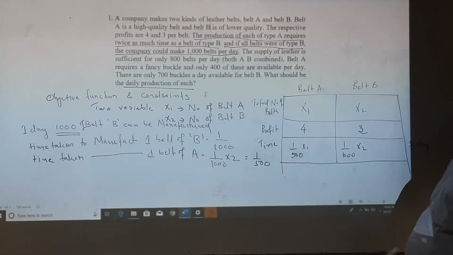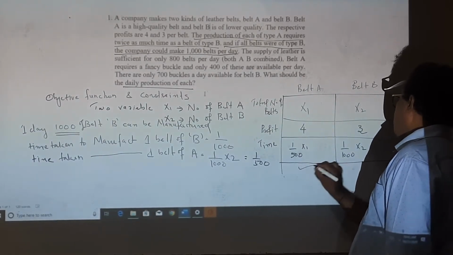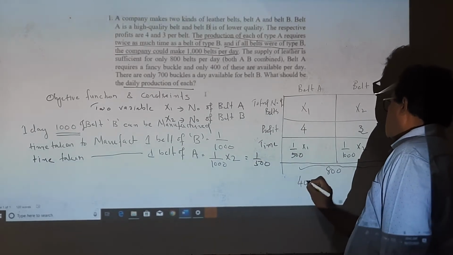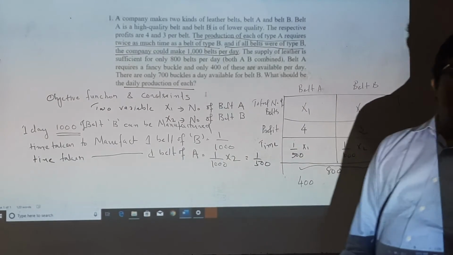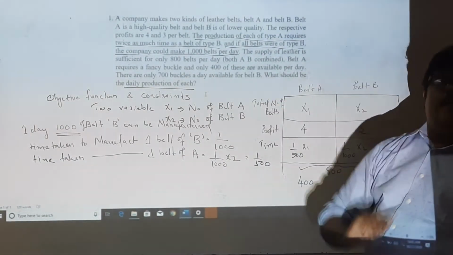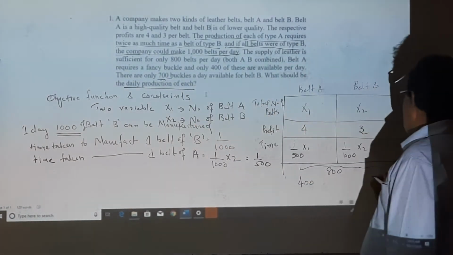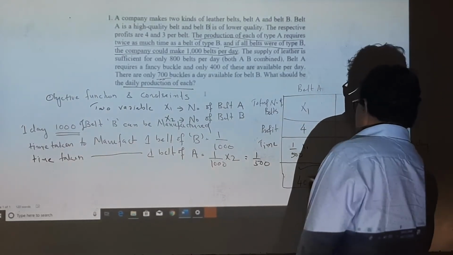Now other constraints are there. How many can be made? Both A and B together 800 belts can be manufactured, and only 400 of x1 can be manufactured. Why? Because buckles are not available beyond 400, because only 400 buckles are available for A, and also 700 buckles are available for B. So these are the buckles available.